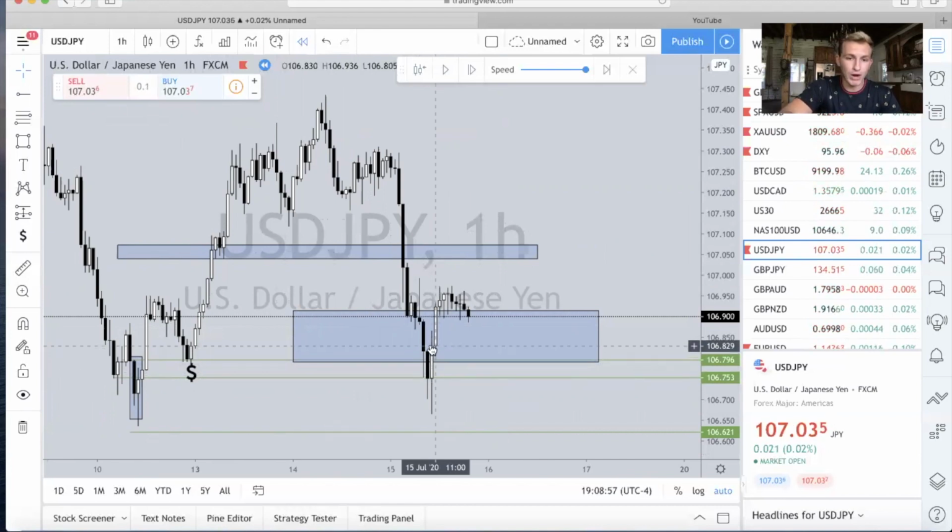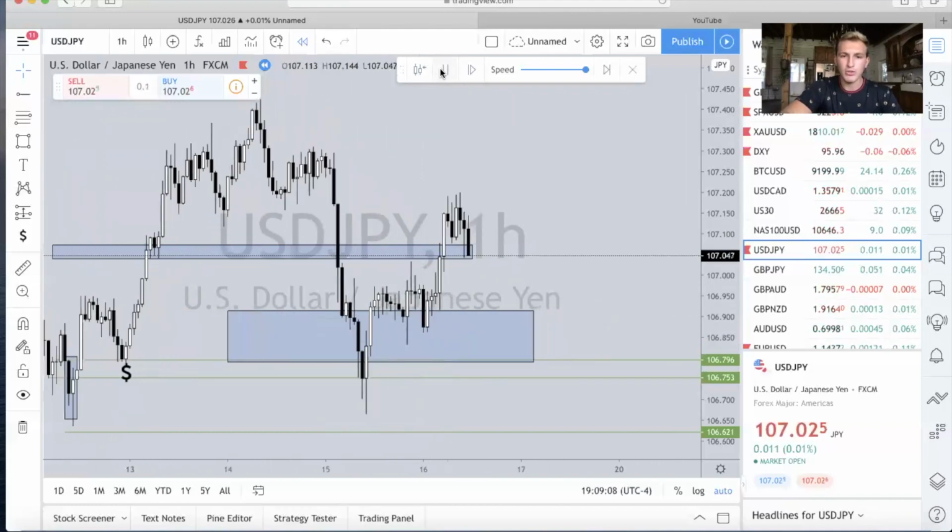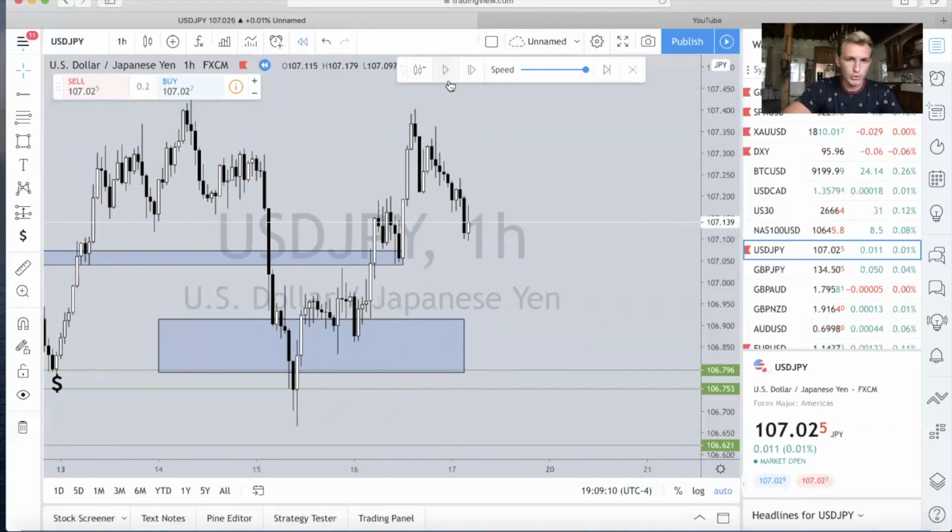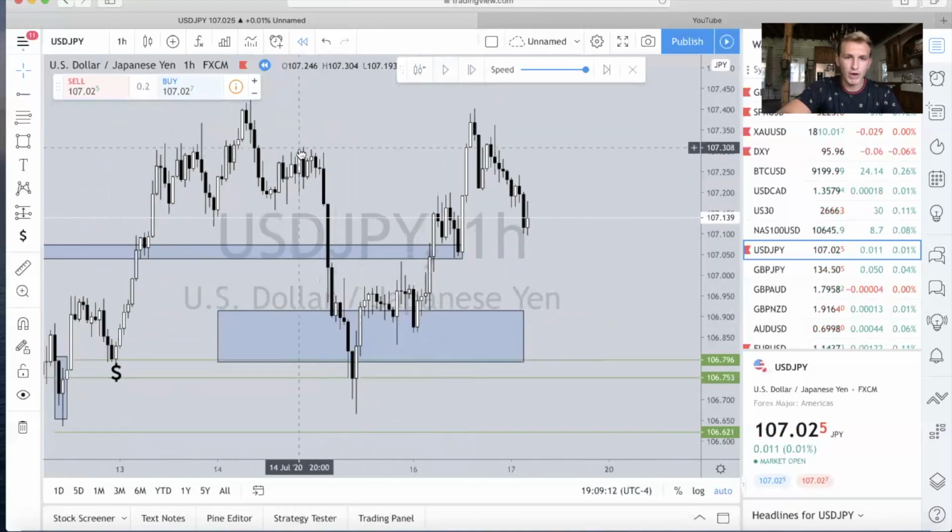You could have entered right there if you didn't initially enter down on the kill zone. That second entry could have been taken once it engulfed. Let's play this out so you guys can see the finished product. Boom, we'll leave it at that. Your take profit would have been these highs right here. Boom, take profit. And that was that, guys.